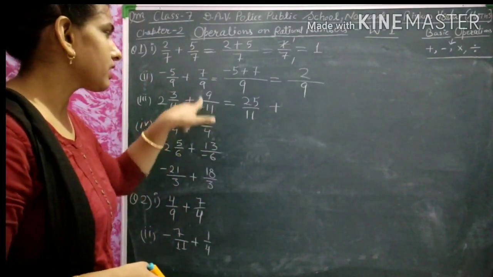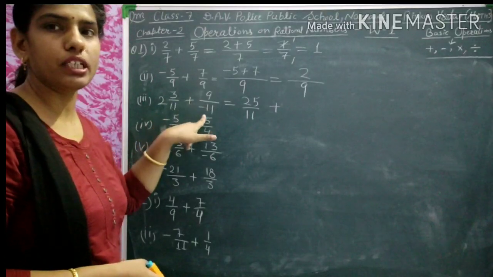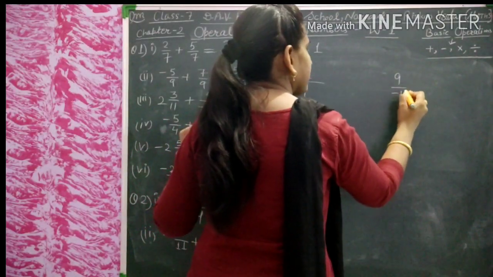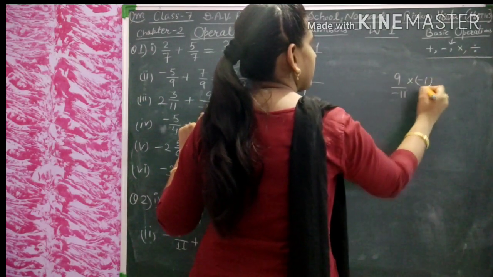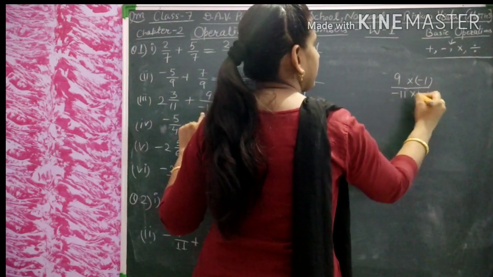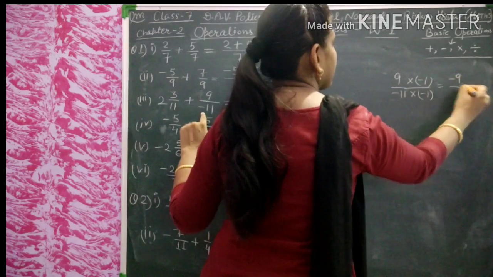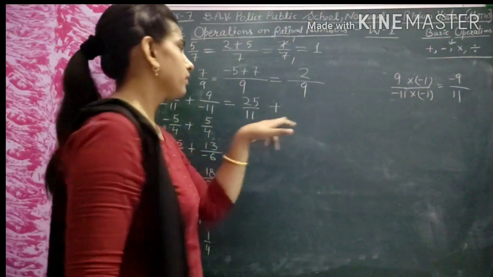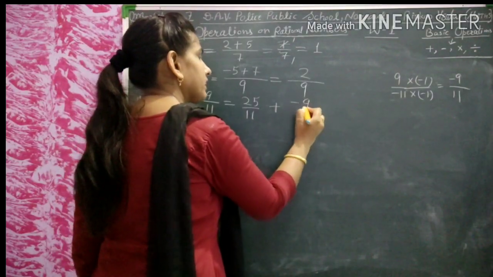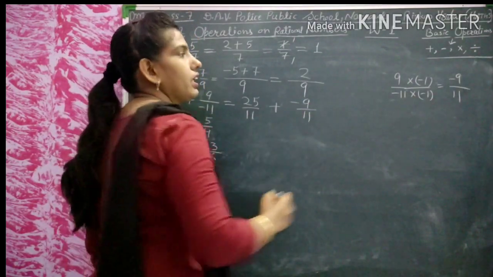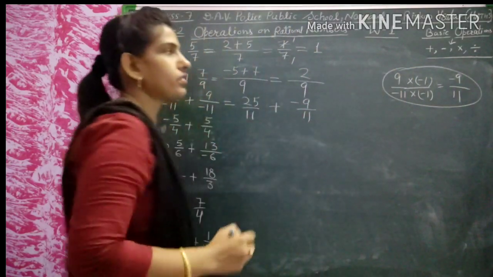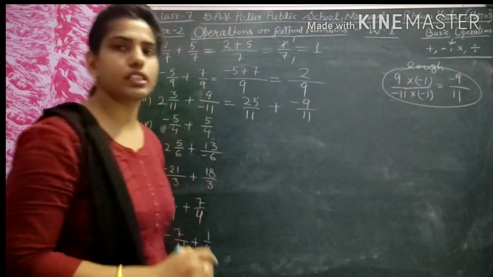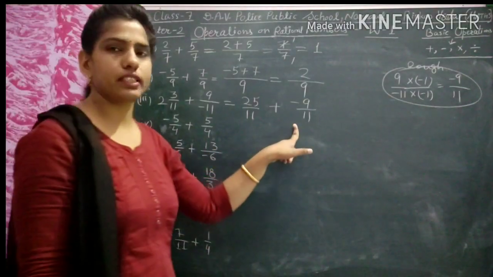In standard form, we multiply 9 by minus 11 with minus 1, and it becomes minus 9 and 11 as well. So the standard form is minus 9 divided by 11. Is it clear?